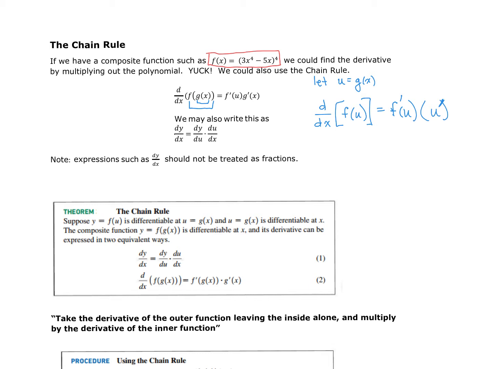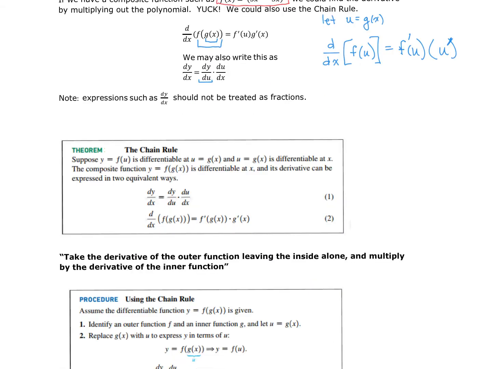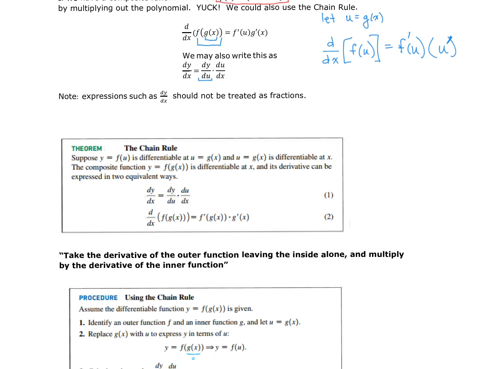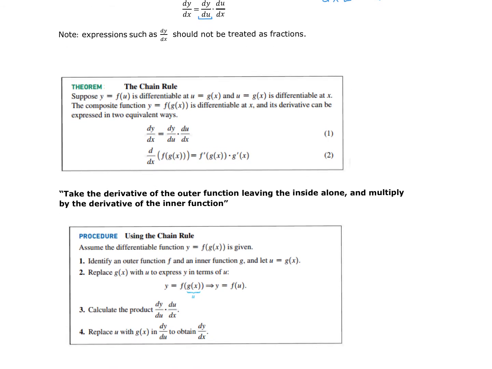I like to say this as taking the derivative of the outside function, leaving the inside alone, and then multiplying by the derivative of the inside function. We might also write this as taking the derivative of y with respect to u, and then u with respect to x. So again, we have the chain rule written another way.